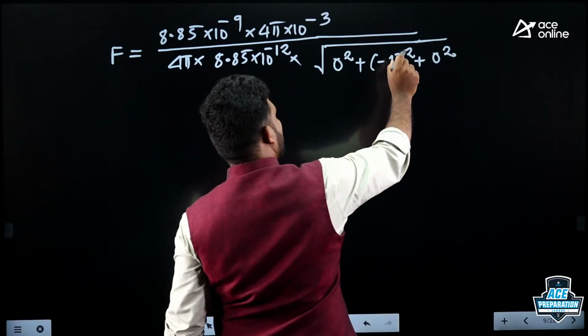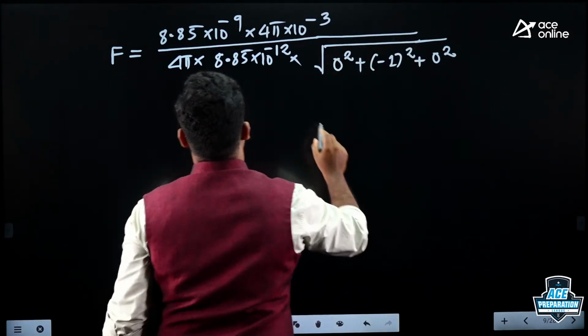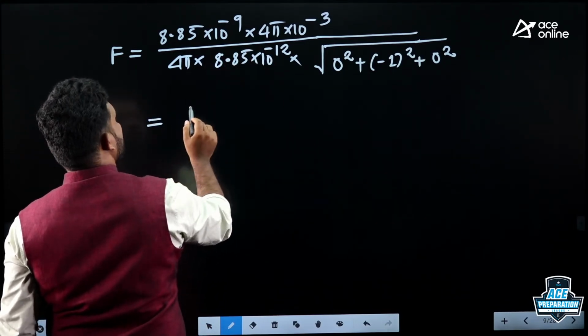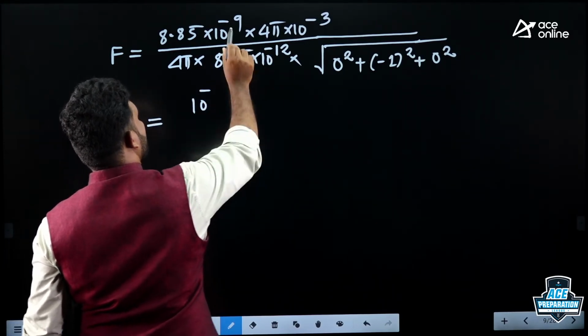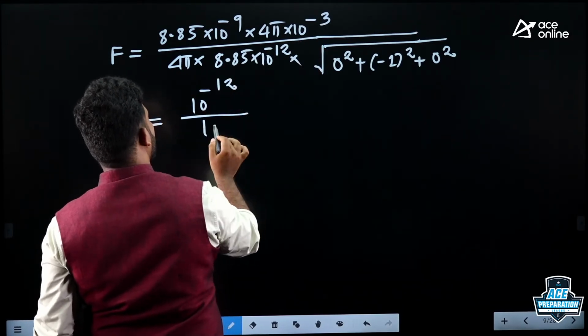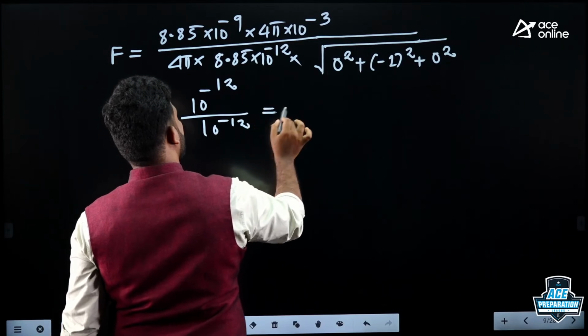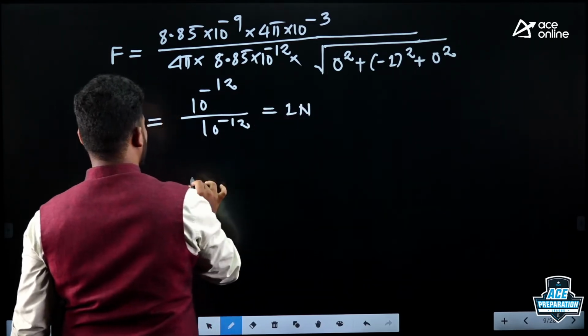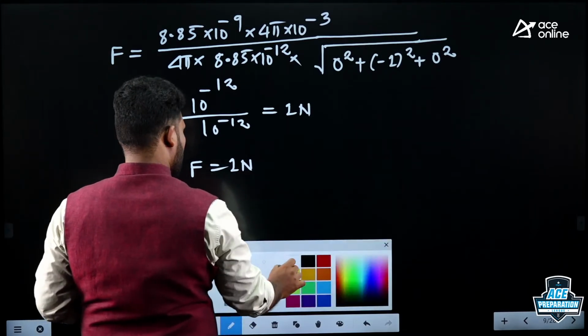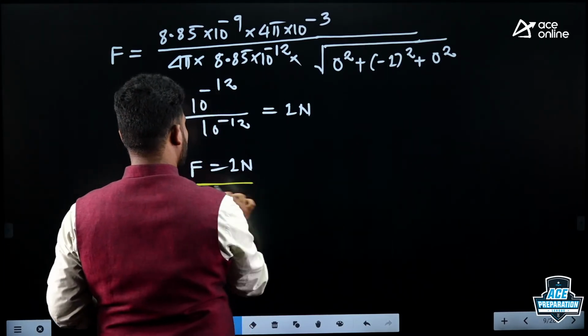So it is 1 square, square root is 1. Fine. So what happened? The 4 pi will go. The numerator will become 10 to the power of minus 12, divided by 10 to the power of minus 12, everything will go. So 1 Newton is the answer.